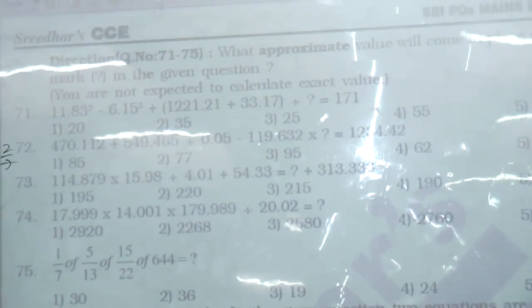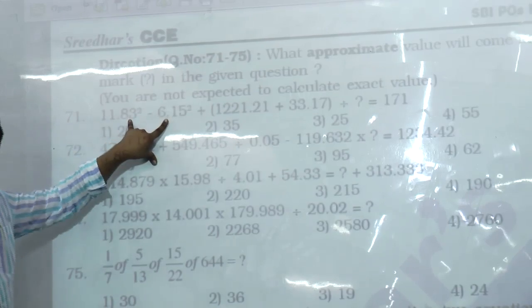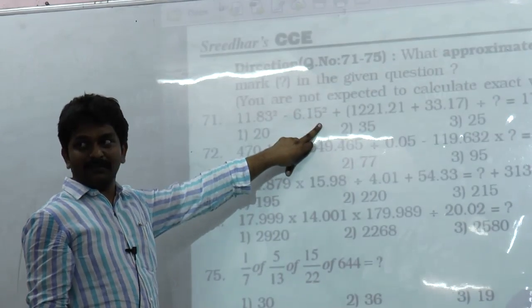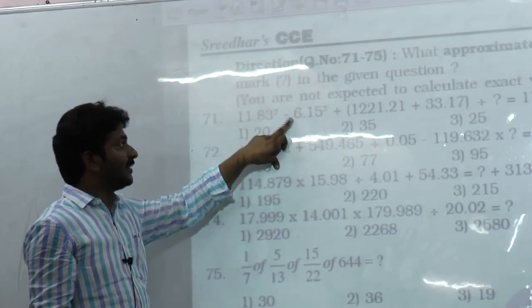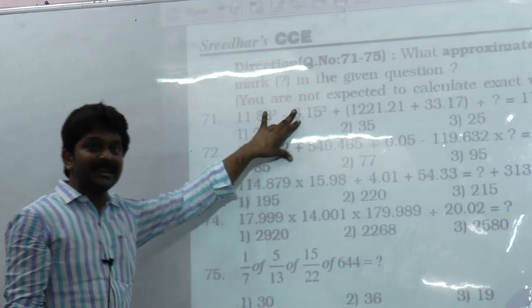Come on. 71 to 75. A square minus B square, right? A plus B into A minus B form. 11.83 plus 6.15. 11 plus 6, 17. 0.83, near about 1. Total is 18.